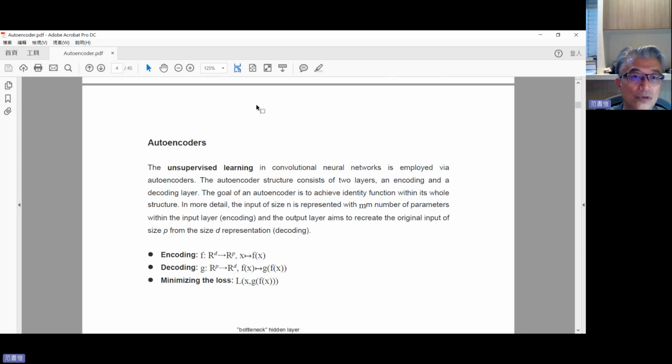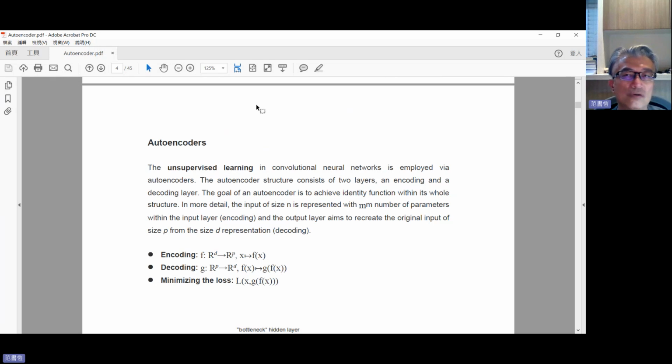So this is another beauty of using the autoencoder. Unsupervised learning in conventional neural networks is employed via autoencoders. The autoencoder structure consists of two layers, an encoding layer and a decoding layer, and the goal of an autoencoder is not to achieve the identity function.